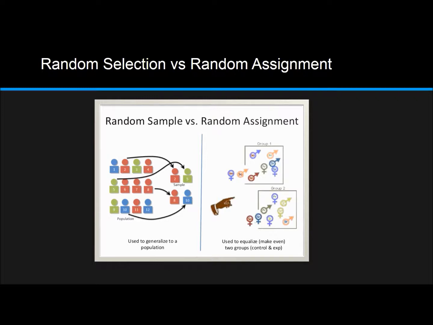Each member of the population has an equal chance of being selected for the sample. On the right-hand side, you have an illustration of random assignment. After the sample has been selected, the researcher can then equalize the two groups, the control group and the experiment group, using the members from the sample from the population.